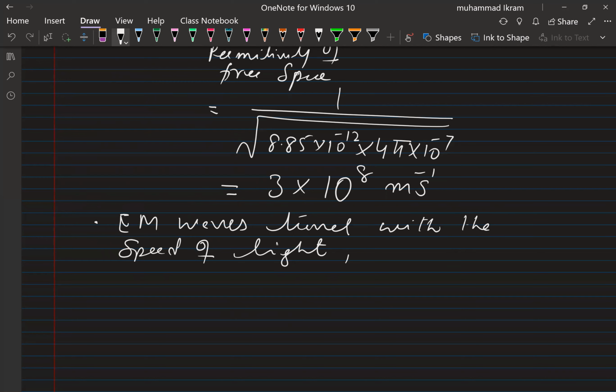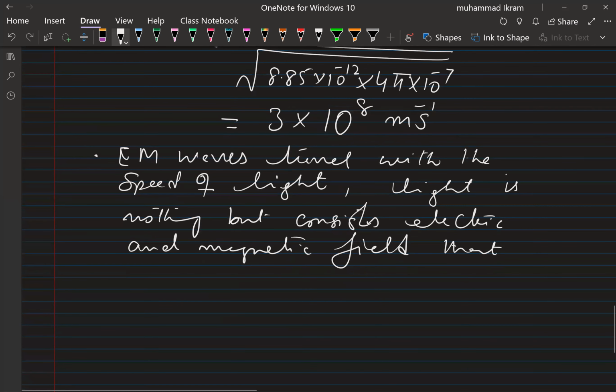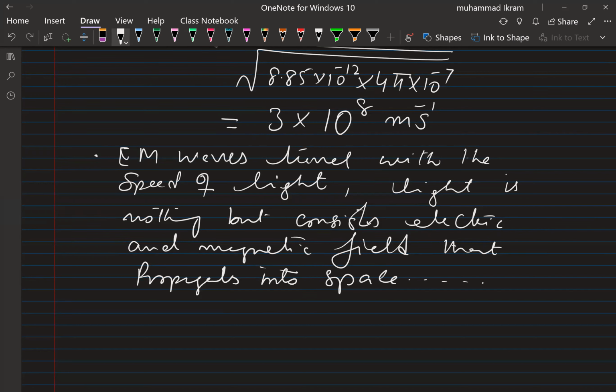Conversely, we can say that light is nothing but electric and magnetic fields that propagate into space with the speed mentioned above, right?